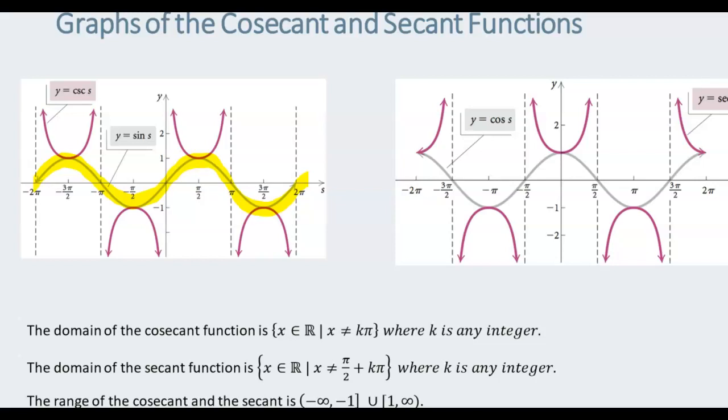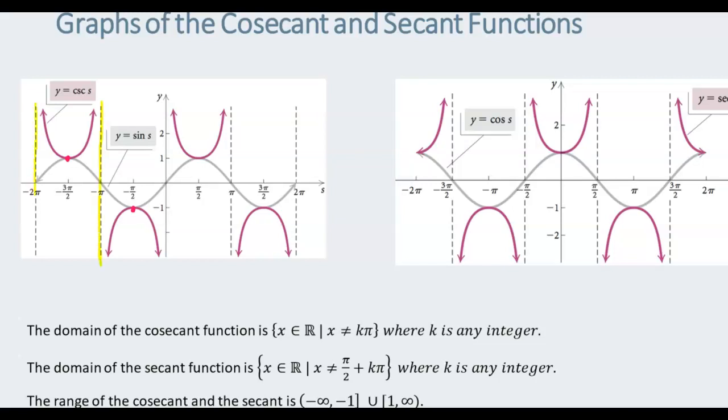The cosecant graph is just the parts that are pink, and the relative minimum points fall right where there's a maximum for the sine graph, and the relative maximum points are where there's a minimum for the sine graph. The asymptotes are not part of the graph, but we can see that they show up where the sine is equal to 0.